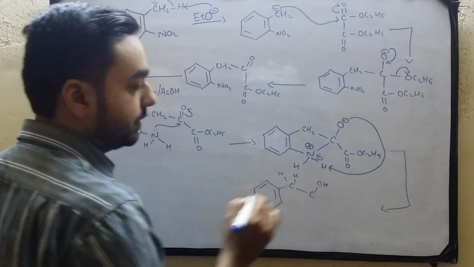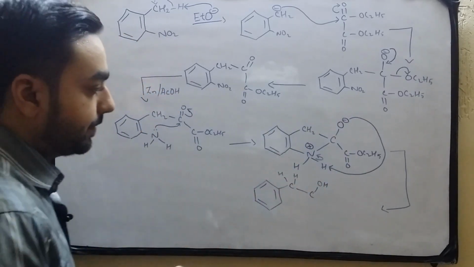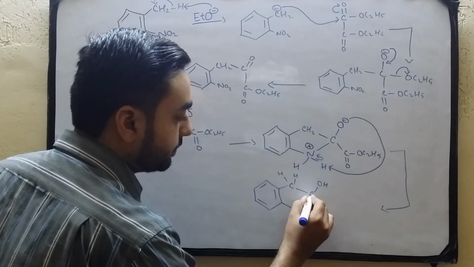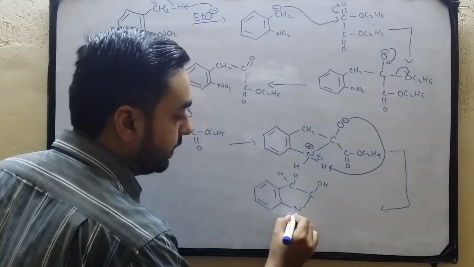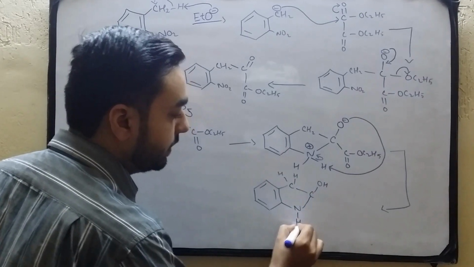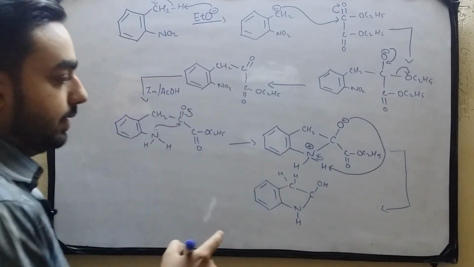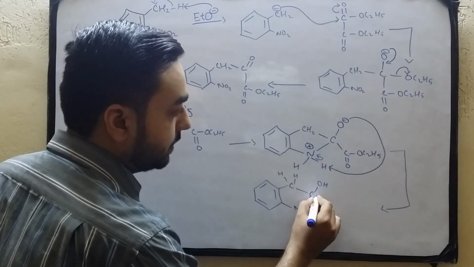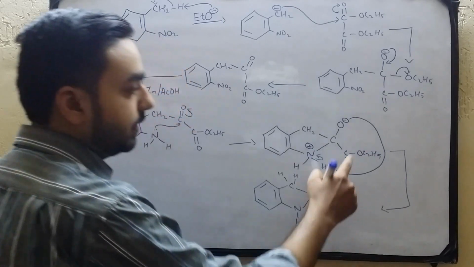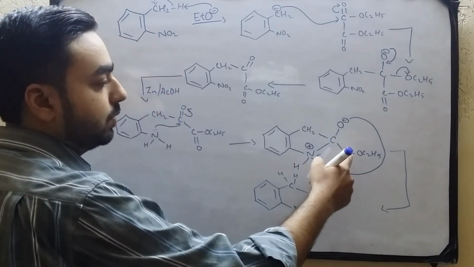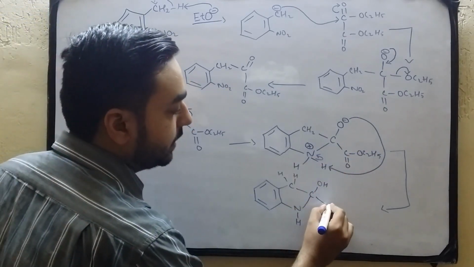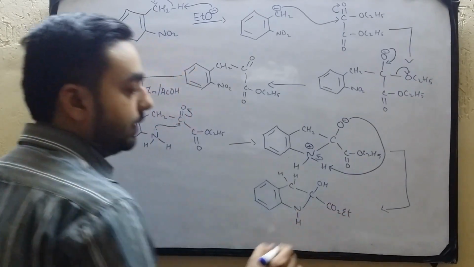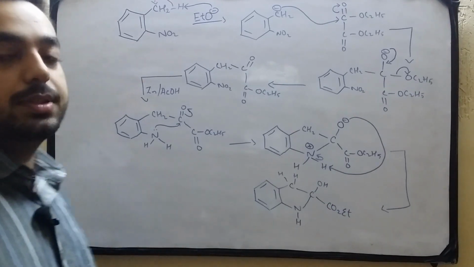So here it is, and here it was nitrogen, and now this nitrogen has only one hydrogen, and here the remaining terms will be as it is. Like I can write this C double bond OC2H5 as CO2 ethyl, as I discussed in the start of this lecture.